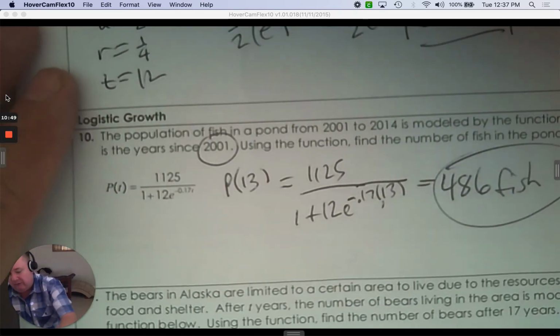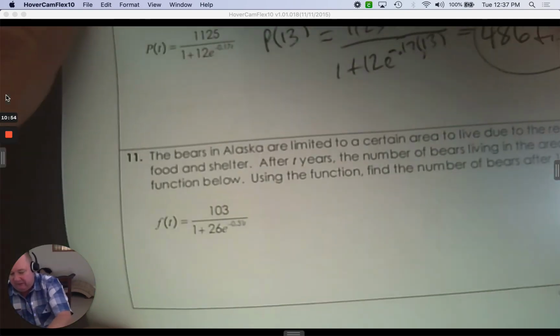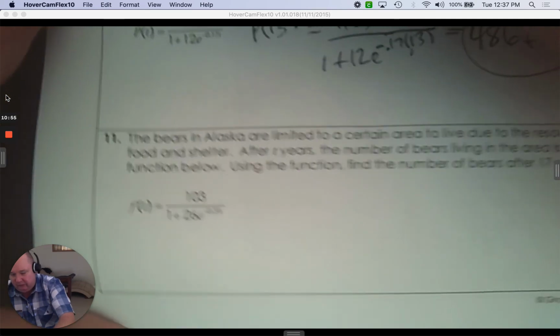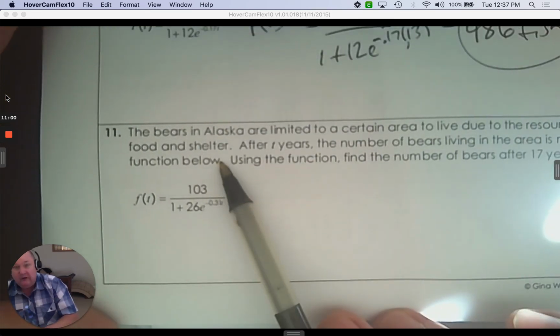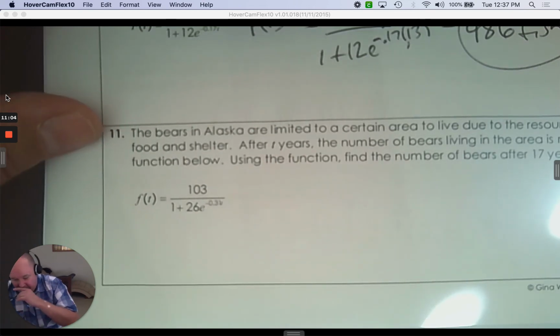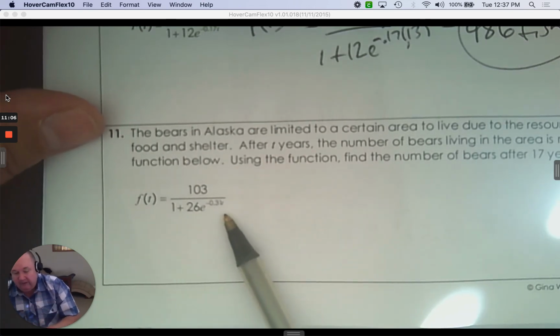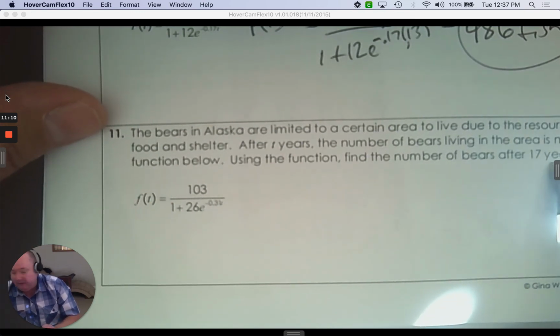All right, last one for our homework. Number 11. Bears in Alaska are limited to a certain area, due to the resources available for food and shelter. After T years, this function describes the bear population. Using this function, find the number of bears after 17 years.